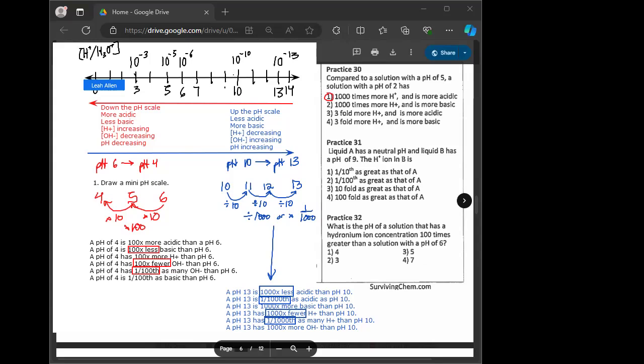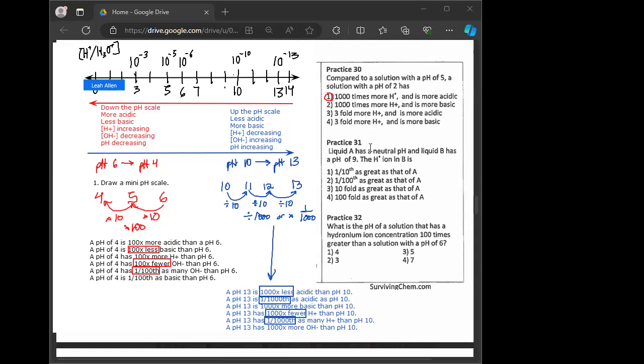Going to be number 1. So, neutral pH, what is neutral pH?